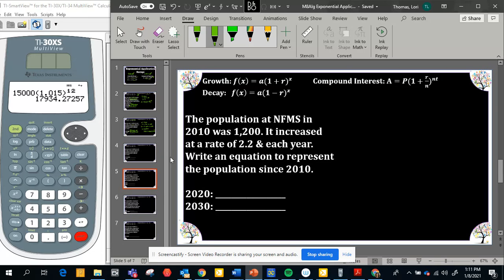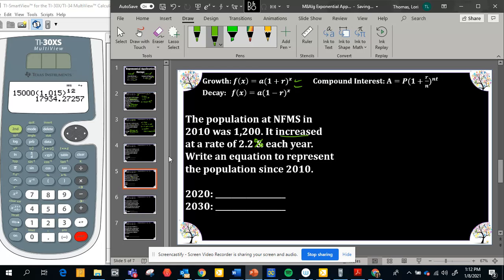The population at NFMS in 2010 was 12,000. It increased at a rate of 2.2, and this should be percent, guys, sorry about that. 2.2% each year. Write an equation to represent the population since 2010. So I don't have the word compounded, so we're going to use one of these equations.